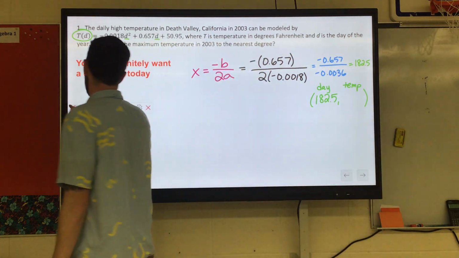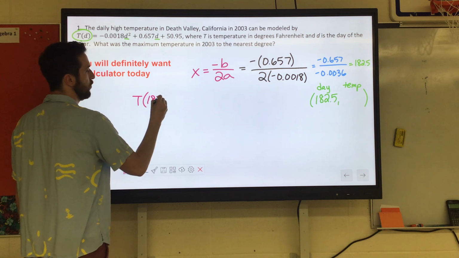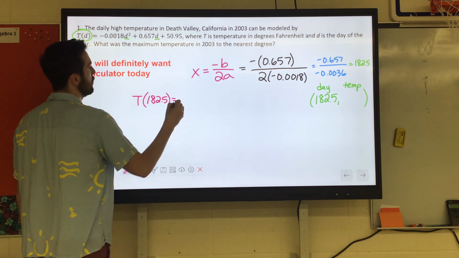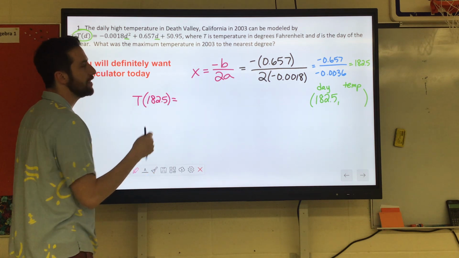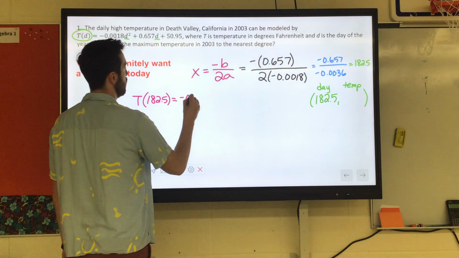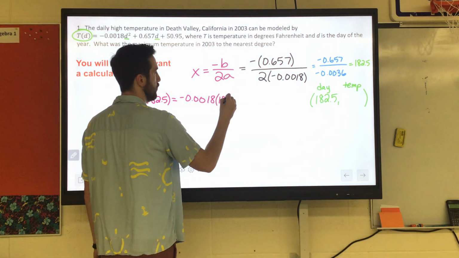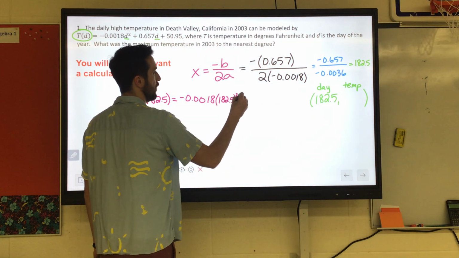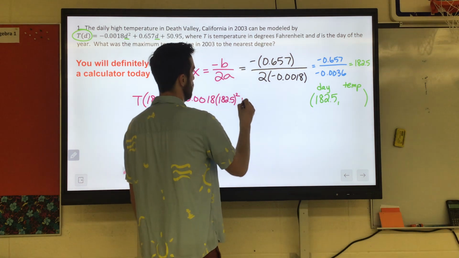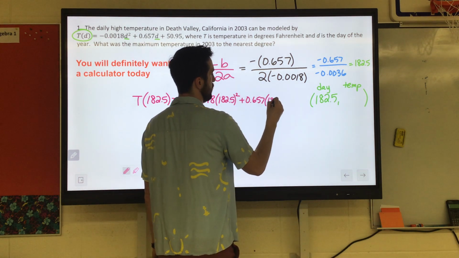So this is where we substitute in. So we're going to have T of 182.5 equals, and every time we see a D in the equation, we're putting in 182.5. So we have negative 0.0018 times 182.5 squared plus 0.657 times 182.5.